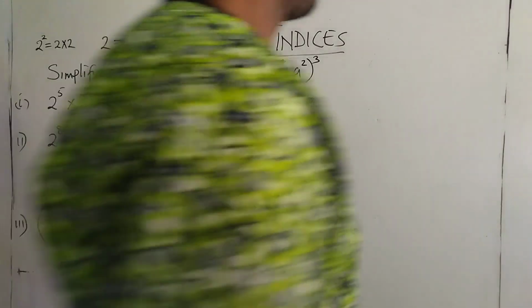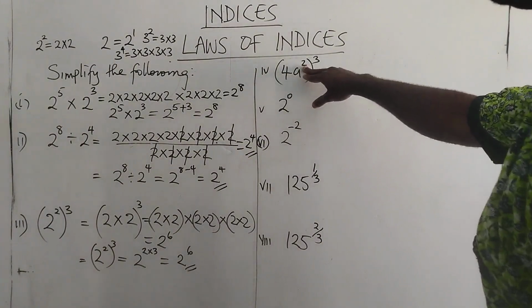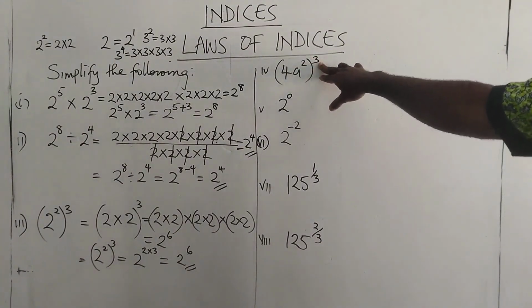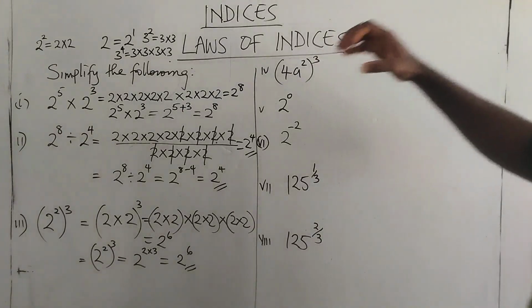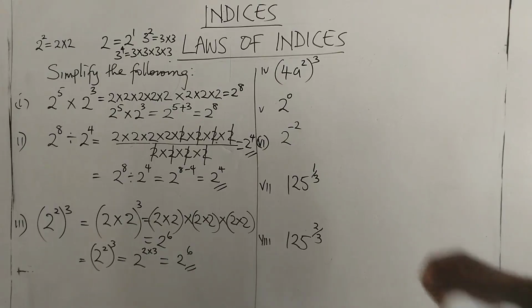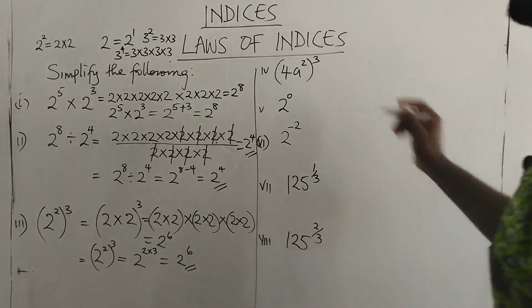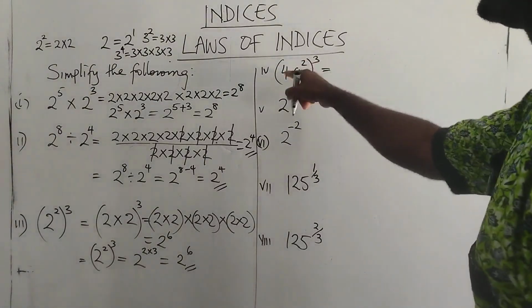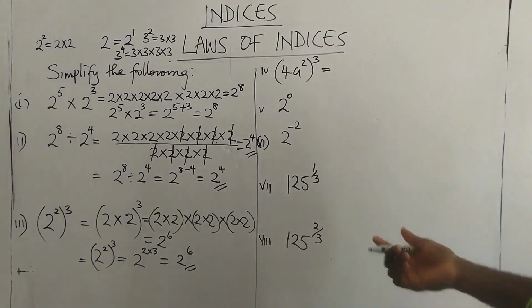Now, the next question says 4a raised to power 2 or raised to power 3. Then what do we do? The product power law tells us that when you are given something like this, what you need to do is simply share the powers that is outside to what is in the bracket.